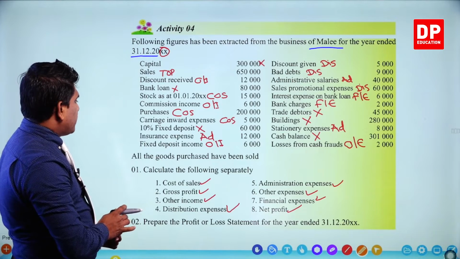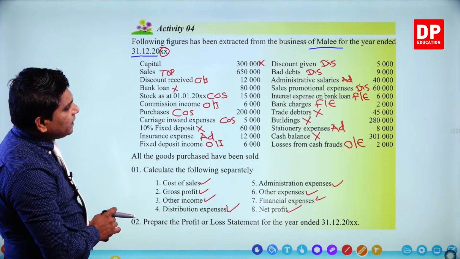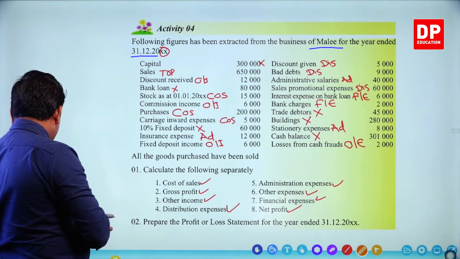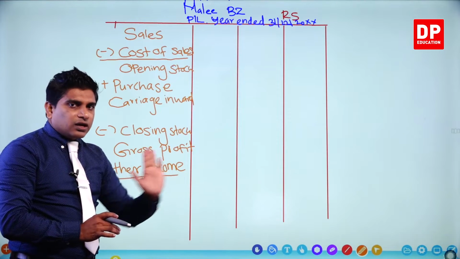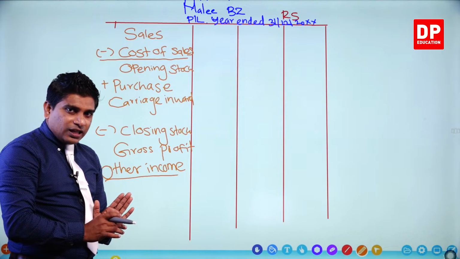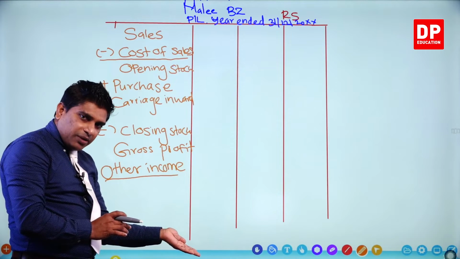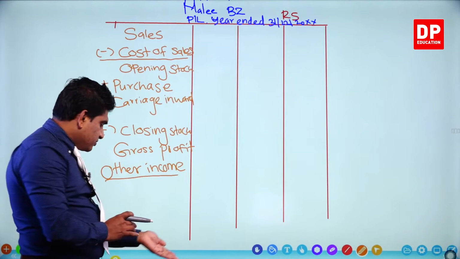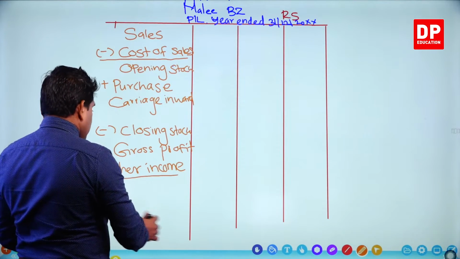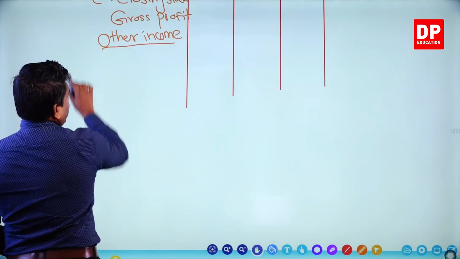Commission income is 1. Then fixed deposit income is 2. Are there any others? Only 2, right? So you give 2 lines and we can find the total income. Okay. Then you can expand the same format to record the expenses.